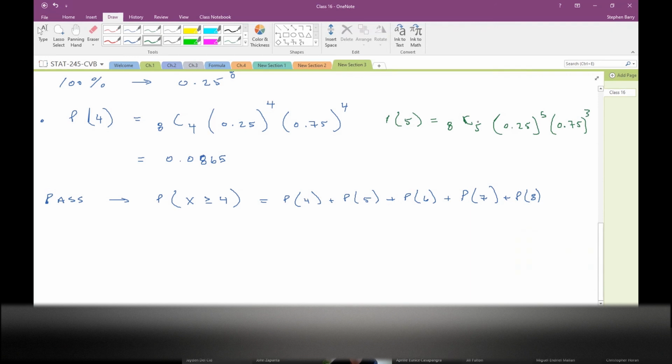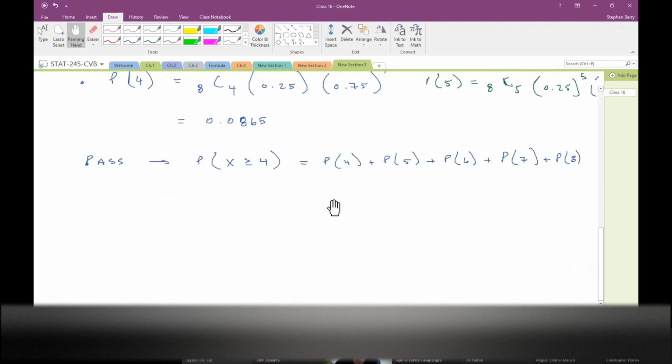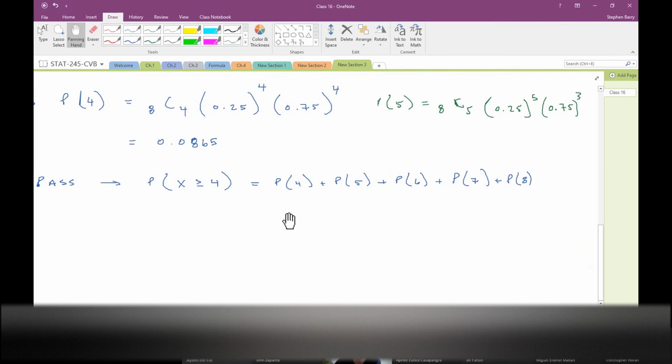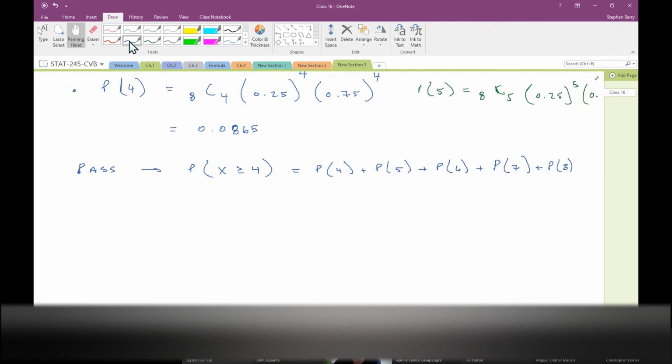That's what you would change in your calculator. But let's use Excel because otherwise it takes a long time. And so Excel has an amazing function. So if you want to figure out the probability of 4 in Excel, here's what you would input.